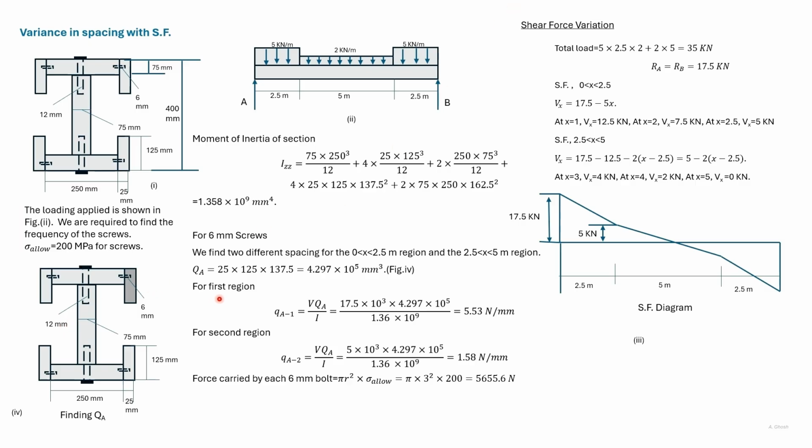For the first region, we use 17.5 kilonewton as V, and we have found out the shear flow. For the second region, we used 5 kilonewton as V, and we have found out the shear flow. We next find out the force carried by each 6 millimeter bolt.